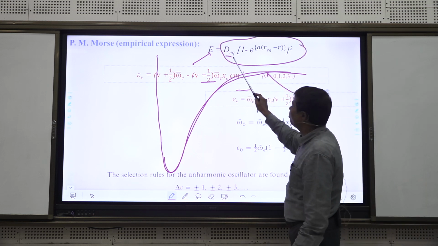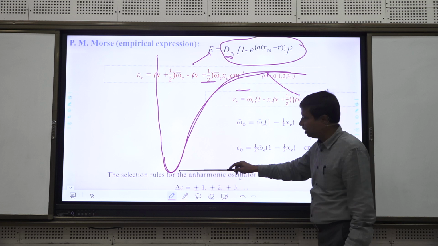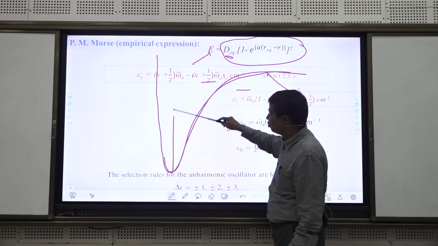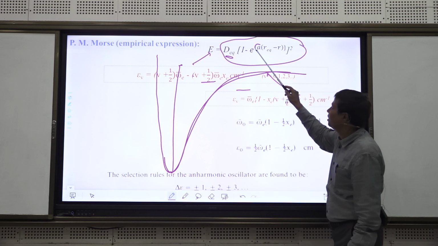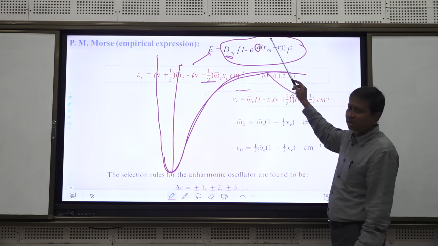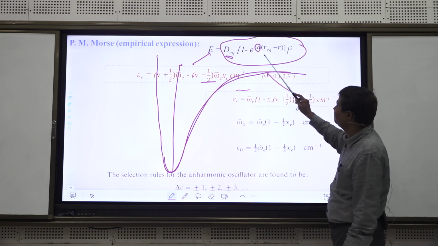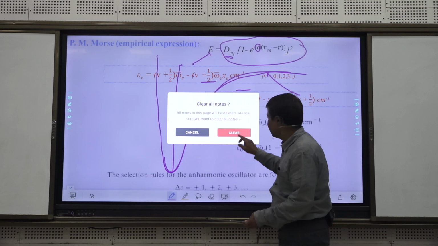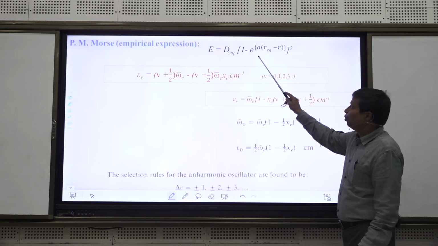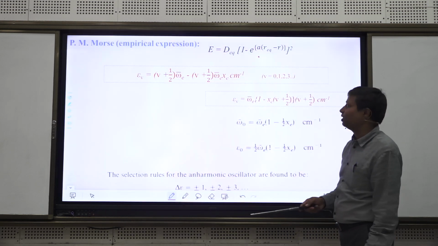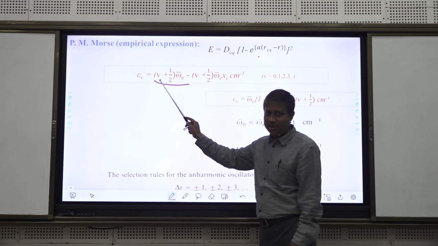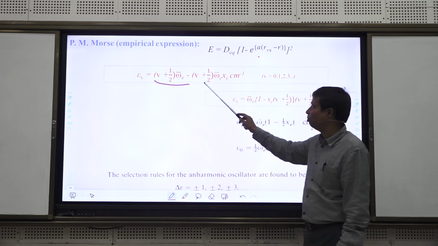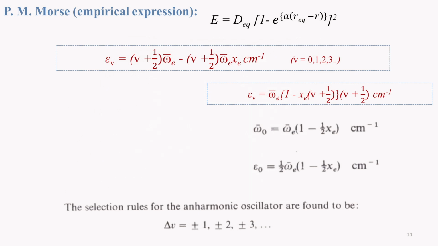In this energy equation, De means from the equilibrium to the dissociation energy level. This is a small constant that depends on the molecule. If you use this and solve the Schrodinger equation, then in addition to the existing terms, you have another term. This is the additional term.